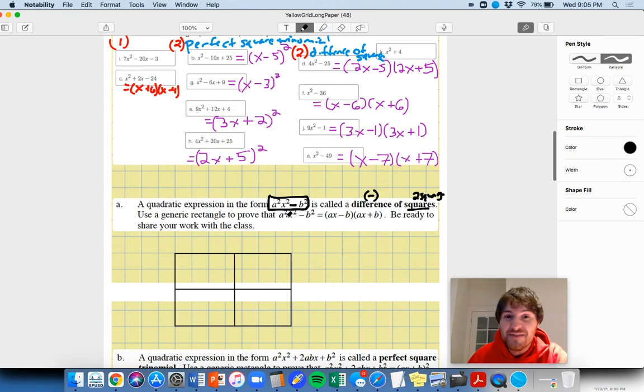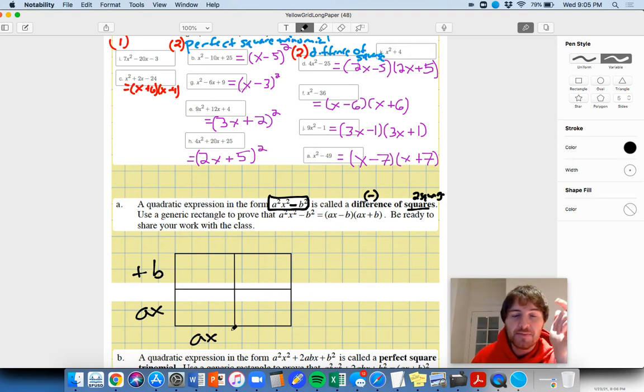If we have something in this format where we notice a perfect square in front as our first term, and then a perfect square getting subtracted from it as our second term, we can write our factors as the square root of the first term plus the square root of that second term, ax plus b, even though this is negative here, and then times the square root of the front term, ax, minus the square root of the second term, so minus b.